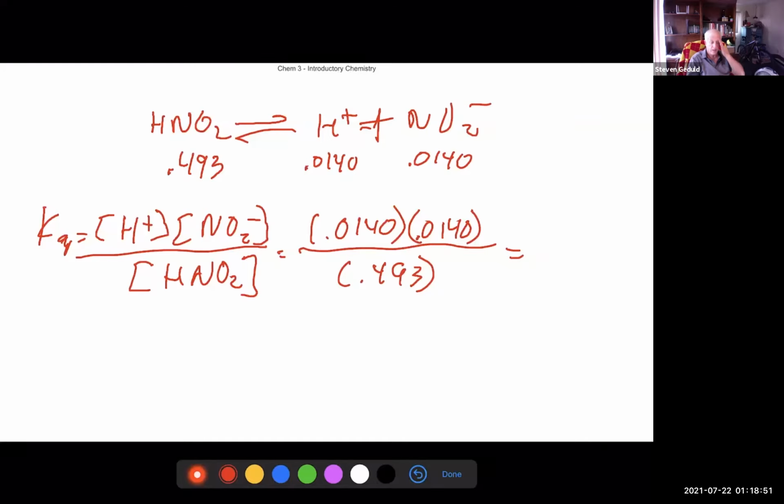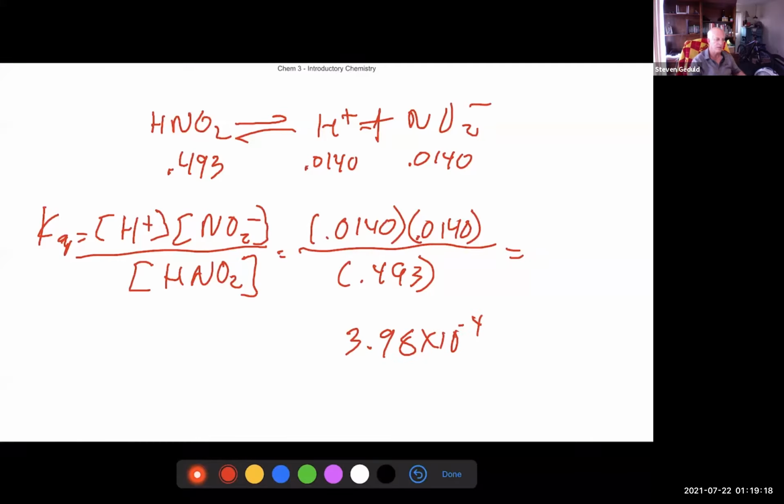All right, 0.0140 times 0.0140 divided by 0.493 equals 3.98 times 10 to the negative 4.